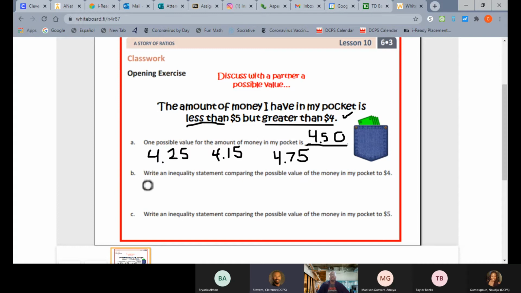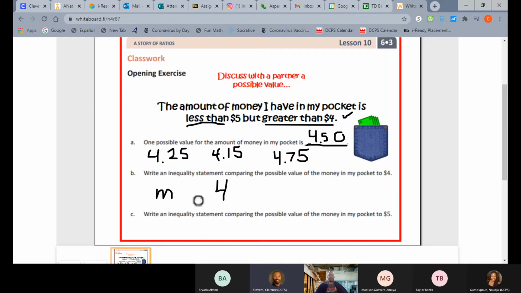So now let's write an inequality statement that compares the value of the money to $4. Okay, so let's come up with an inequality that works for this $4. What would we write? What's an inequality sentence? 4 and money.